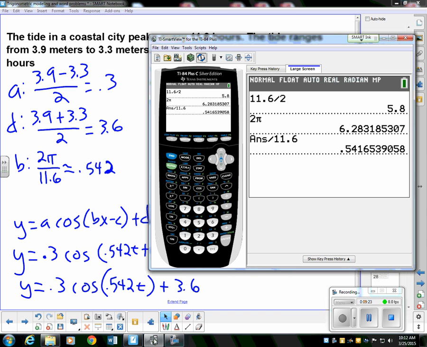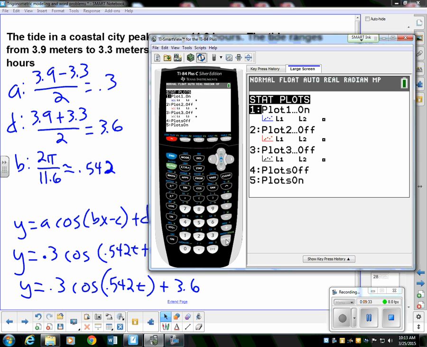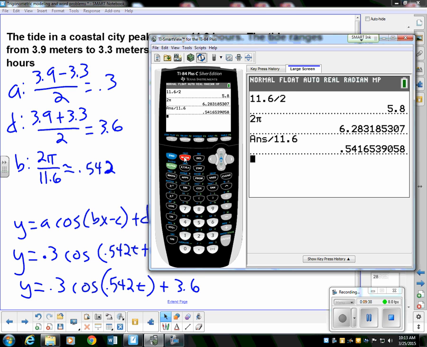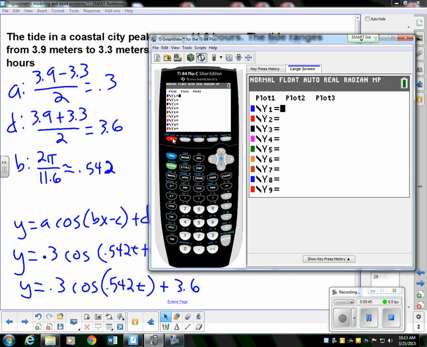You can do it any way you want to. I'm going to go to y equals, clear that one out, and clear the plot out too, only because I don't want it to muddy the water. I'm going to type my function in y1, so I have 0.3 times the cosine of 0.542t, I have to make that an x, plus 3.6.